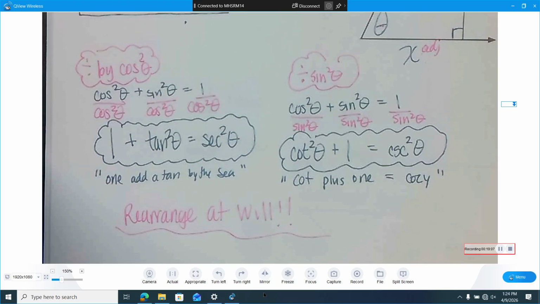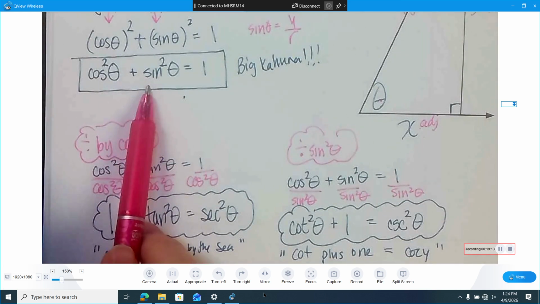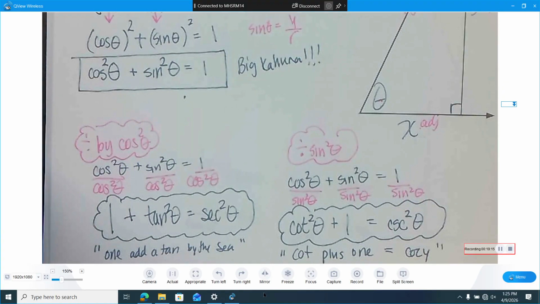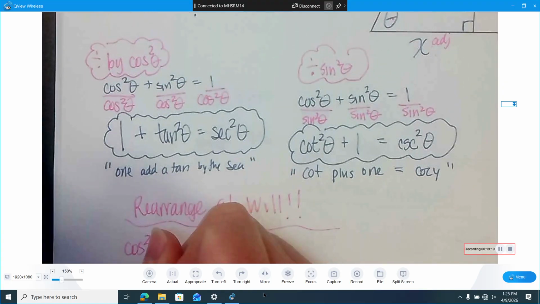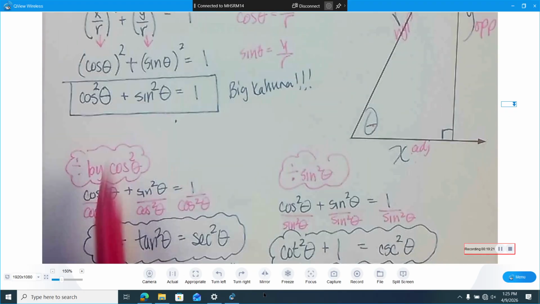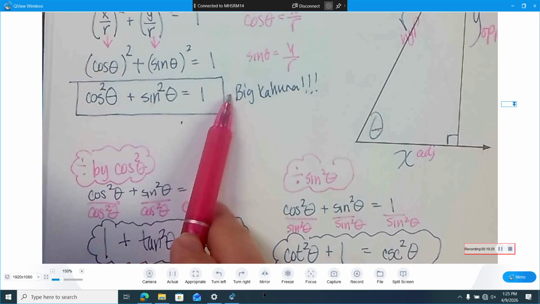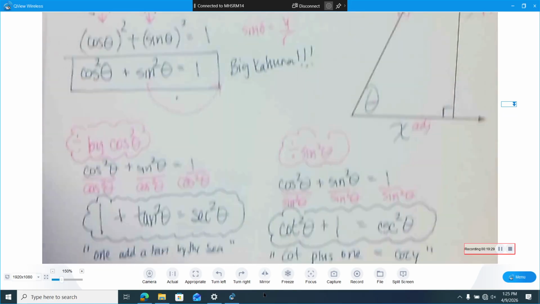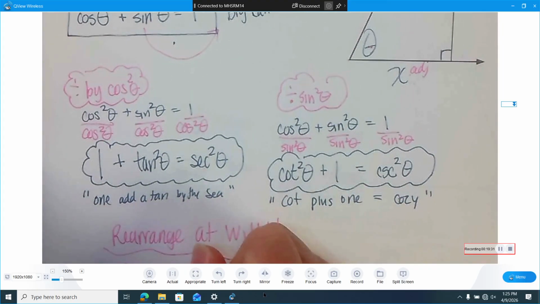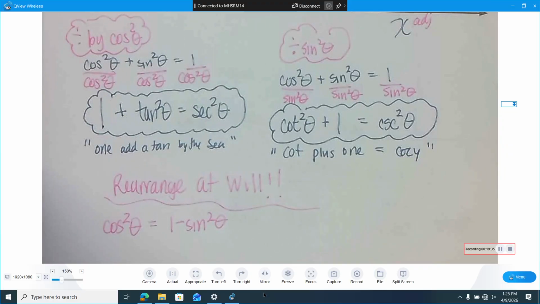All of these equations can be rearranged because they are simply just equations. So I can look at cosine squared plus sine squared equals 1, and I can rearrange it. I could get cosine squared theta all by itself. How do I get that alone? What do I have to do? Subtract the sine squared. So if I subtract the sine squared, it would be 1 minus sine squared theta.